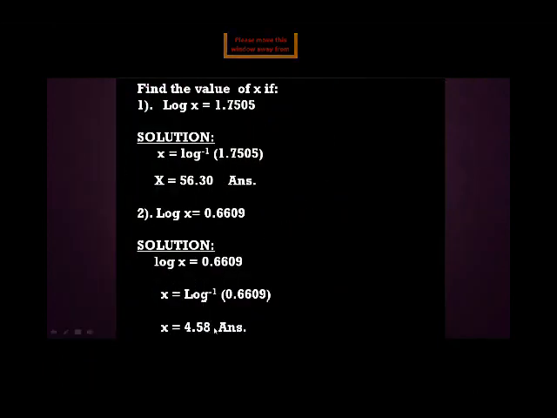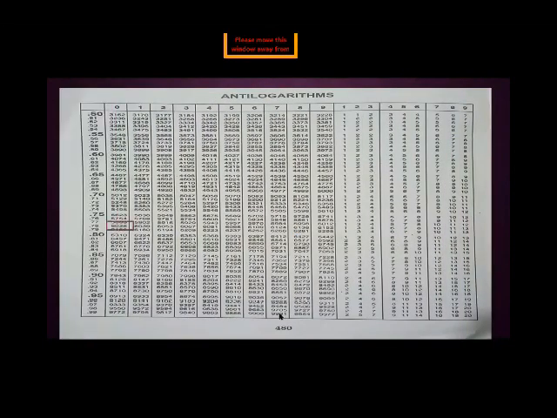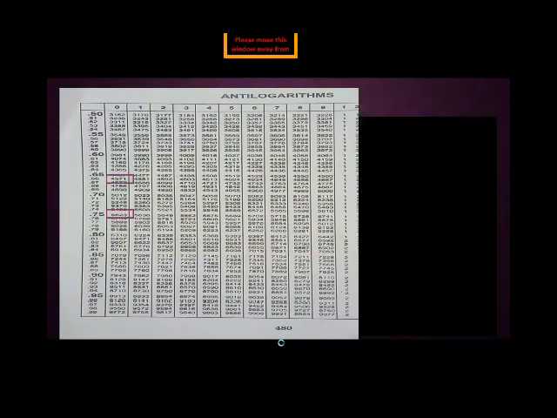So how will you place its decimal point? The characteristic is 0, and 0 plus 1 is 1. So you will put the decimal after 1 digit, that is 4.581. This is the antilog table. It is on your book page number 480.